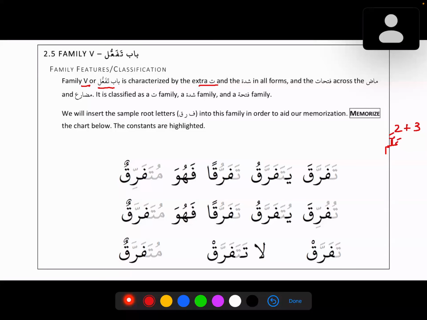And for 3, he says alif, ba, and ta, right? So ta is the third letter in the huruf tahajji. So this ta we are adding. So we are adding the third letter to whatever our allama family is. So 2 plus 3 makes 5.